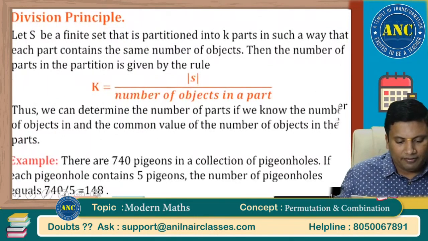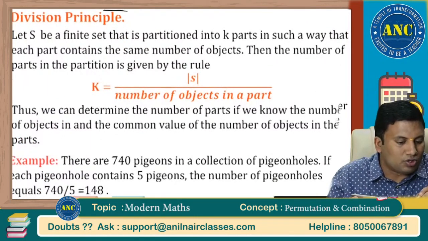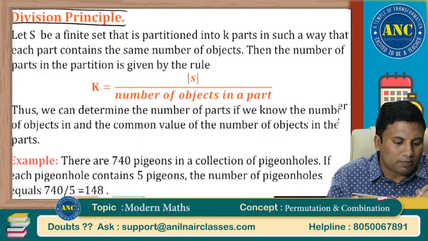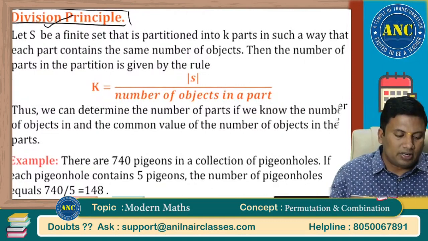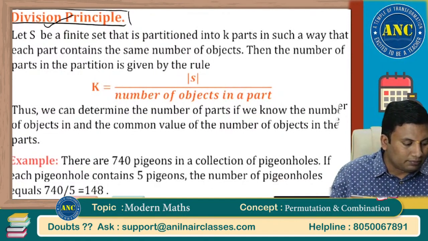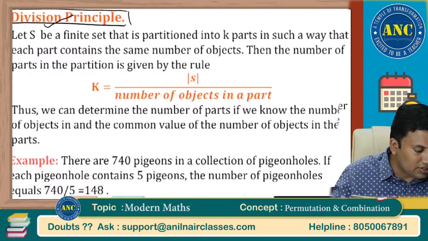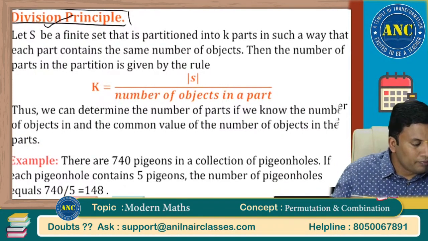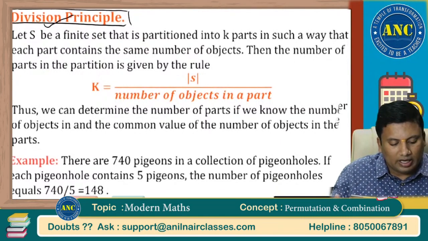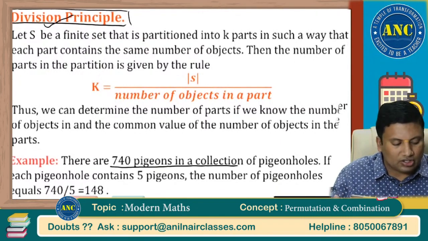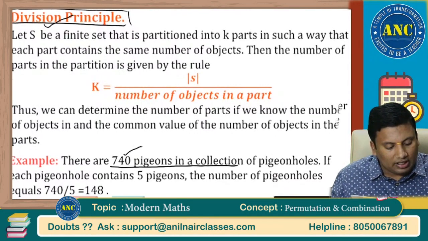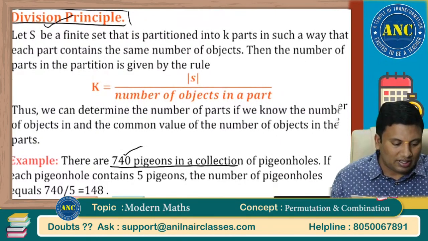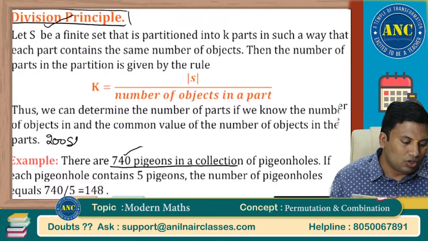Subtraction principle. Next, the last one, because most of you do not go through these principles at the beginning of the class: the division principle. For example, suppose there are 200 students and there are 5 classes.